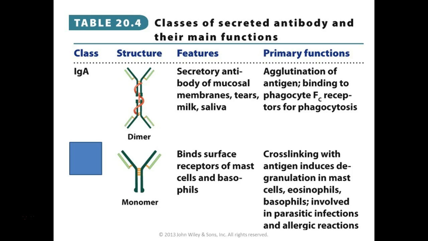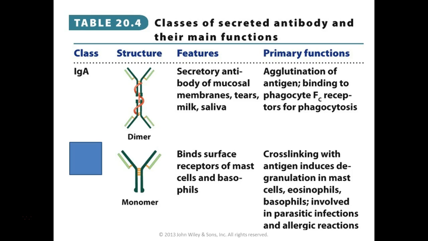But remember, if we secrete it, if we add this protein to it and we secrete it into our breast milk, into our mucus, into our saliva, is that in our body? No, secreting means it's leaving our body, right? That stuff is leaving our body. Phagocytic cells don't leave our body, y'all. They stay inside. They're not going to bind to it in this dimer form. They're going to bind to it in its monomer form. Does that make sense to you guys?